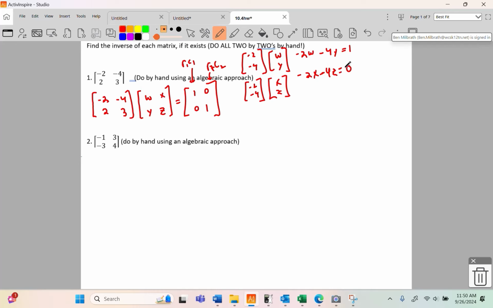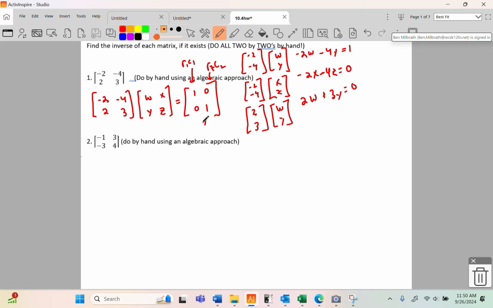We're going to write 4 equations, and we're going to do some substitution techniques and stuff like that. Now I'm at row 2, column 1, so I take 2, 3, multiply it by column 1, W and Y, and I get 2W plus 3Y, in this case equal to a 0.